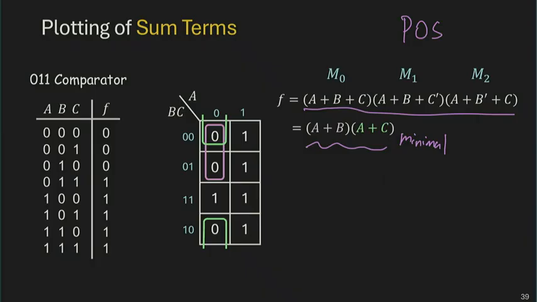So A plus B corresponds to the top left corner when A equals 0 and B equals 0. That is the opposite rule as grouping together implicants or product terms. Here you essentially complement each of the literals to identify the position where that sum term sits. A equals 0, B equals 0 corresponds to A plus B.